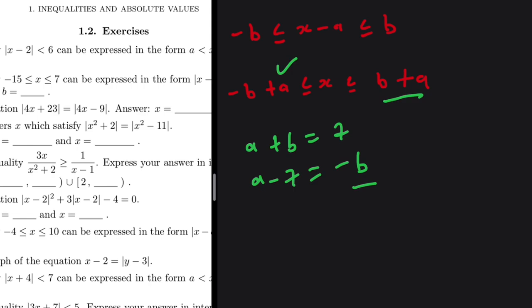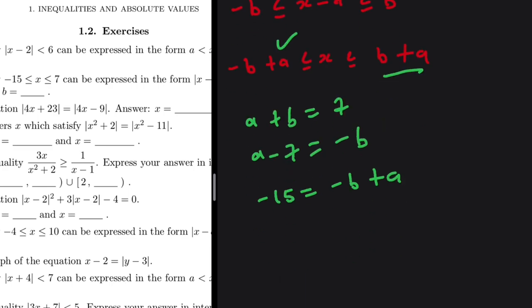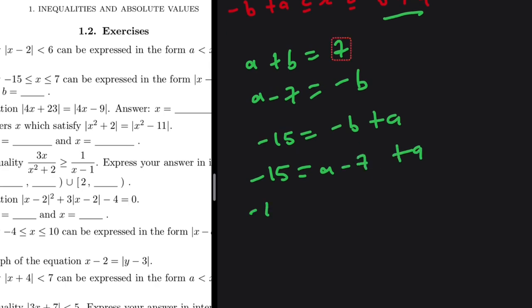At this level, you should see what I'm trying to do here. So now that I've made minus b the subject of the formula, I can say that minus 15 is equal to minus b plus a, right? So minus 15 will be equal to, and then in place of minus b, I'm going to substitute a minus 7 and then plus a.